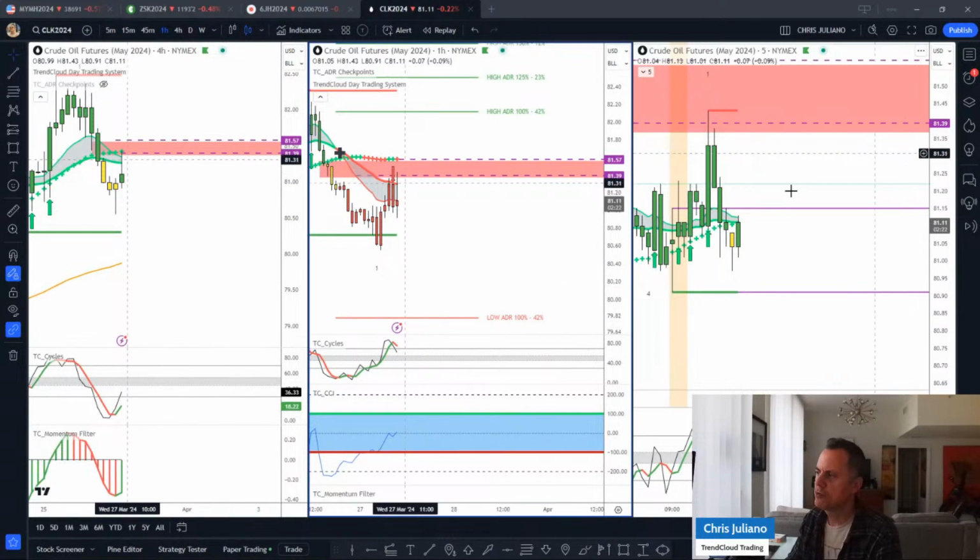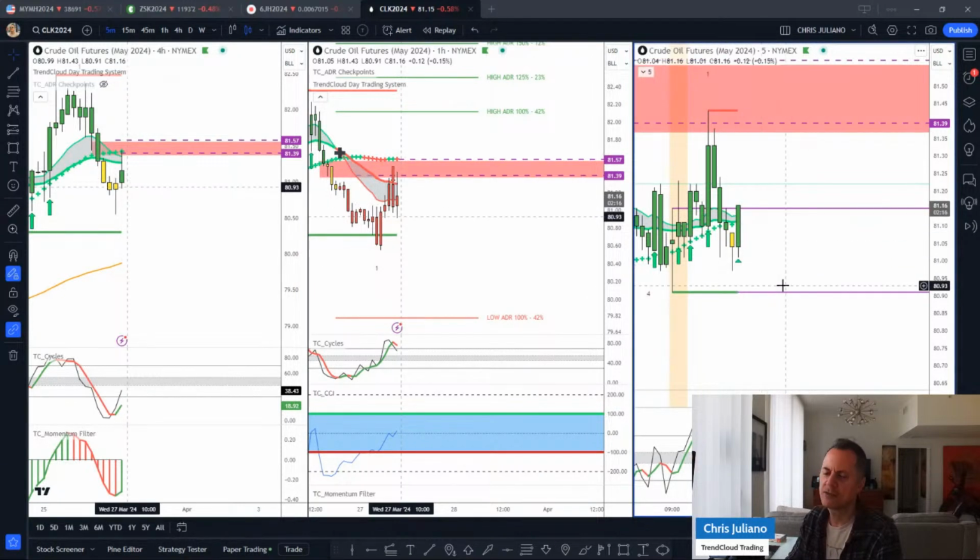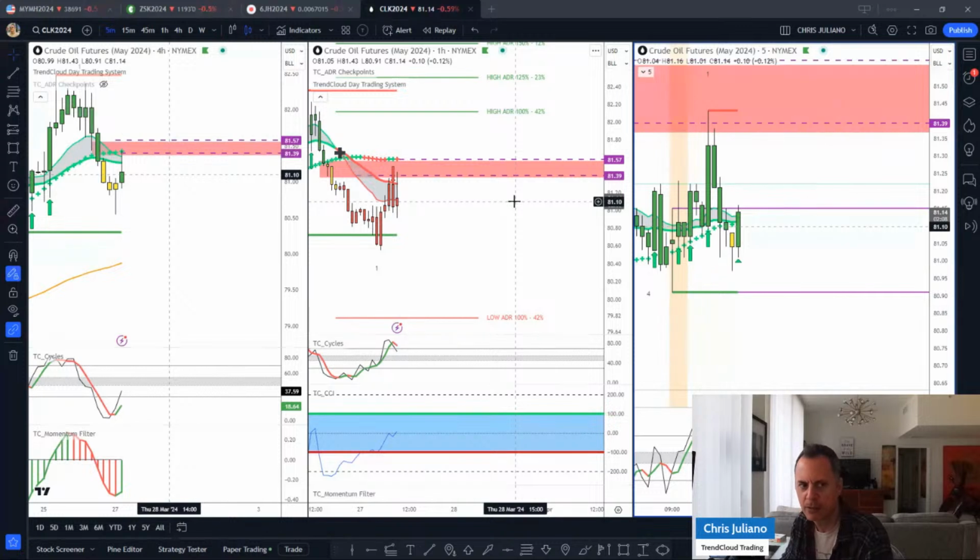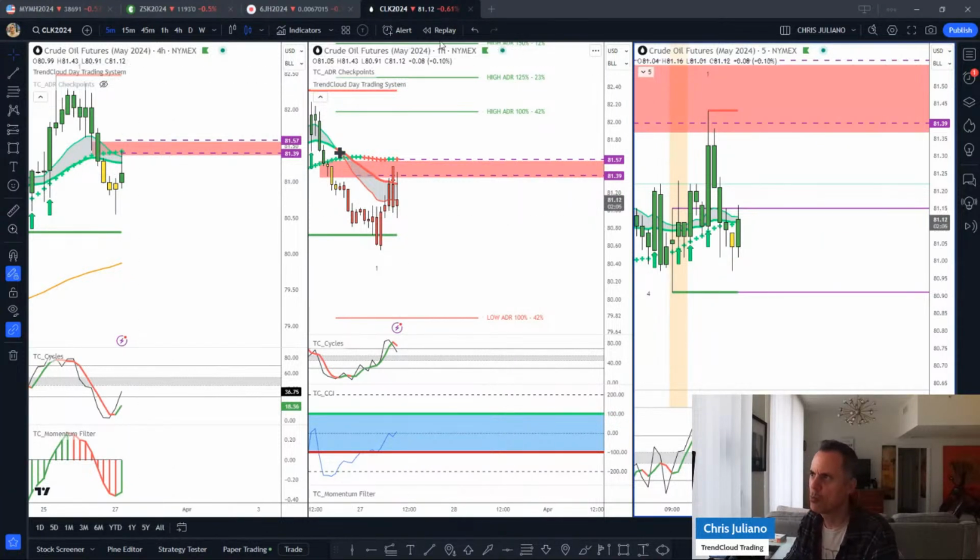What's the next move if we want to get in on this? Why don't we wait for a TrendCloud reversal signal on the 5-minute chart? That would be in alignment with the middle time frame information. So the context of the 1-hour chart is what we are using as our entry information into this trade.